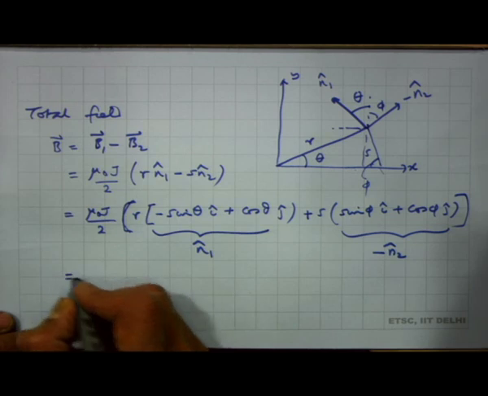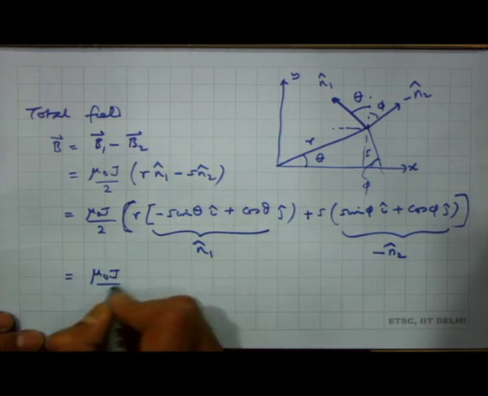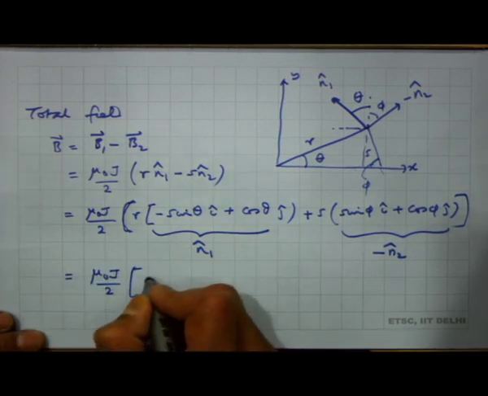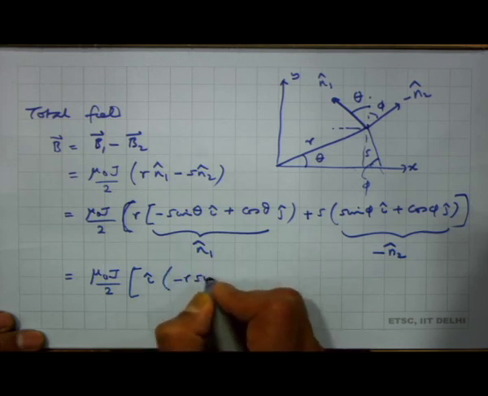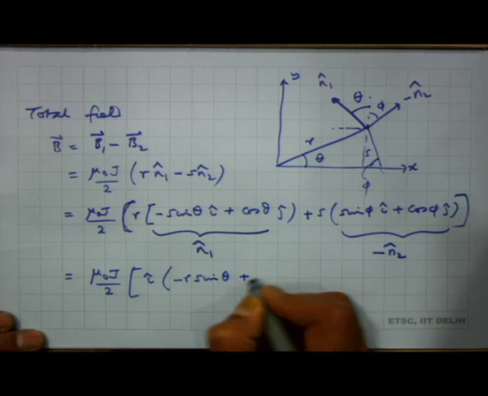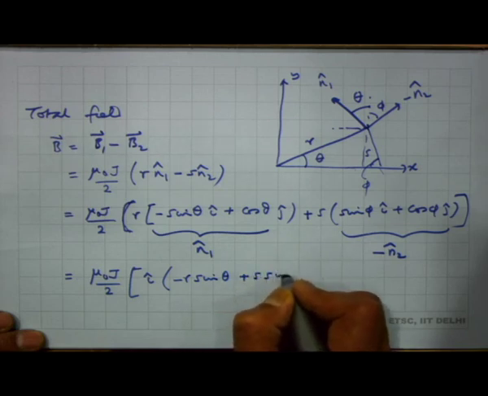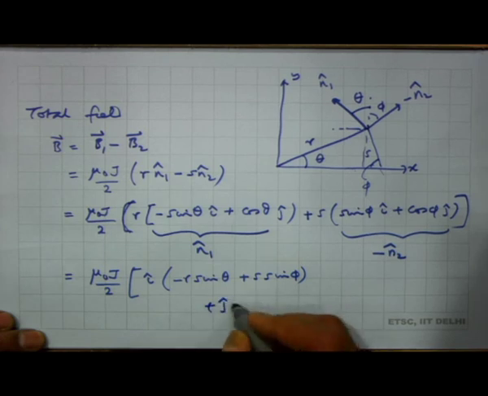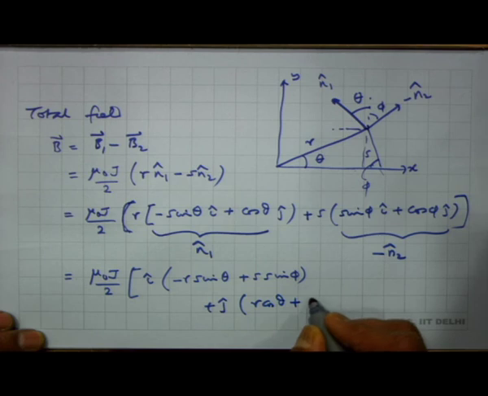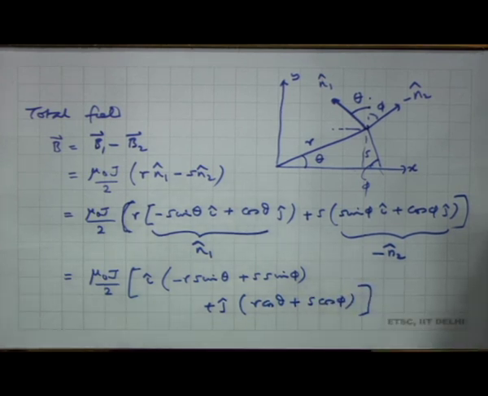So, this is nothing but equal to mu naught j by 2 into i cap into minus r sin theta plus s sin phi, plus j cap into r cos theta plus s cos phi.